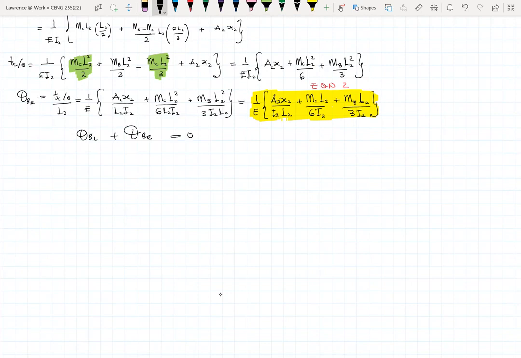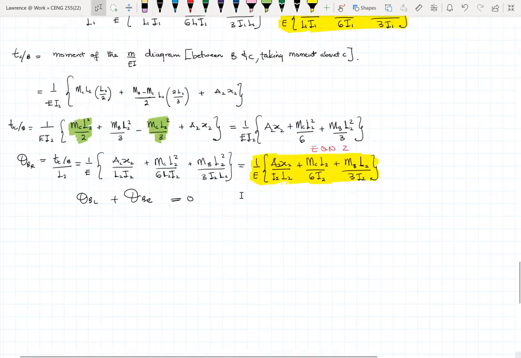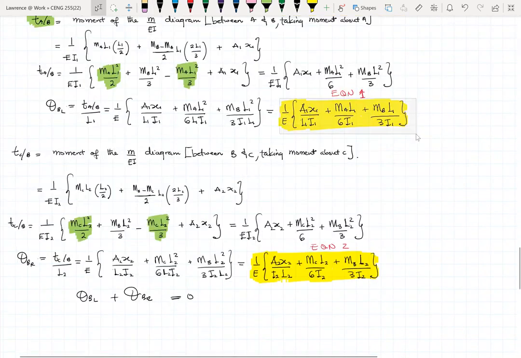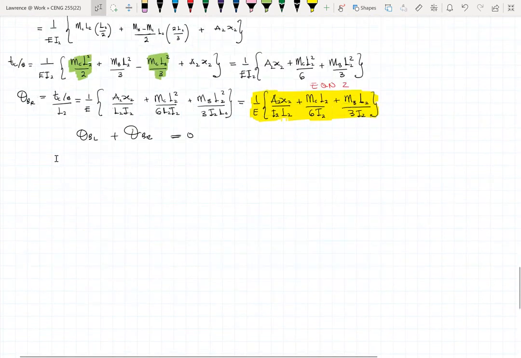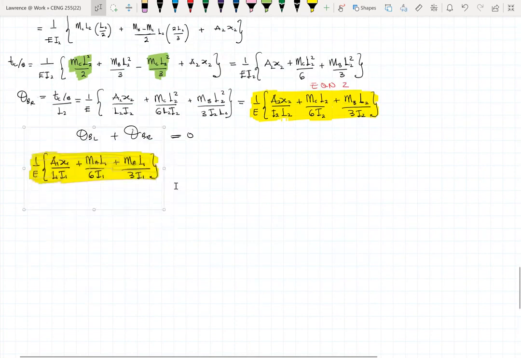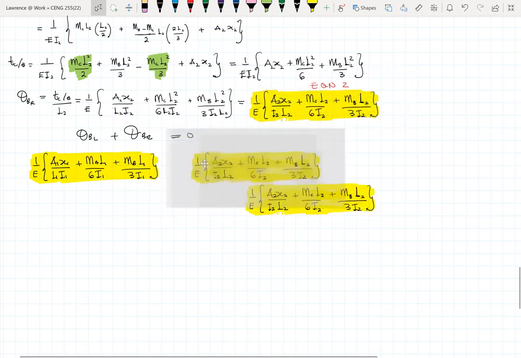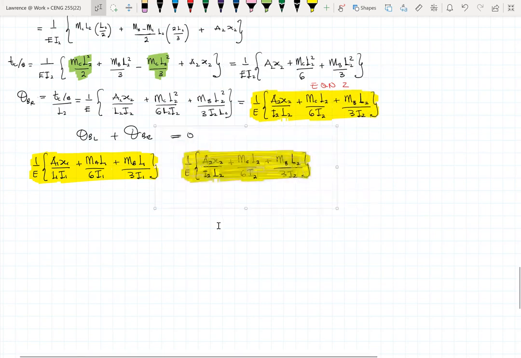We've done that already, so I can just take whatever I have for equation 1, copy that, bring it here, and paste that. Then also have this for the other one, so again copy and then paste. It makes it easier to just move things around. Let me just put a plus here.